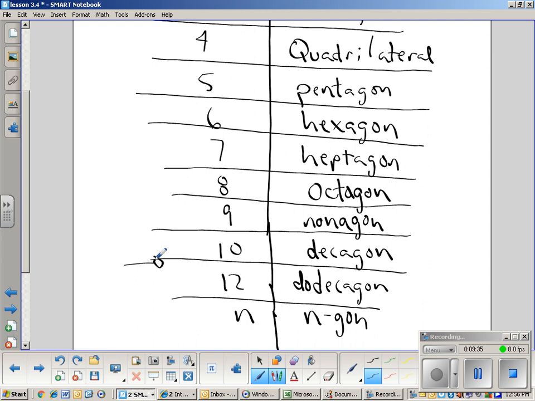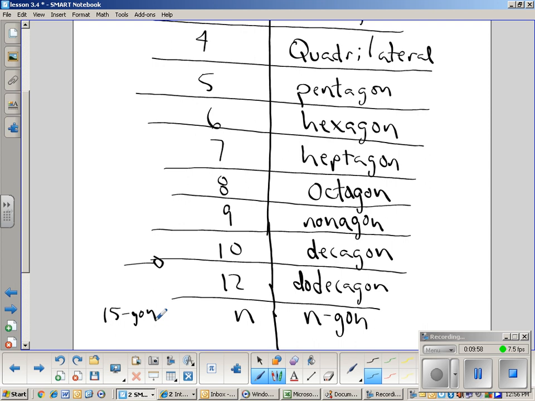Not a 16 of gon, just 16-gon. If there's 20 sides, it'd be a 20-gon. If there's 120 sides, it'd be a 120-gon. Okay? You would write it like 15-gon. That's how you'd write it. Okay?